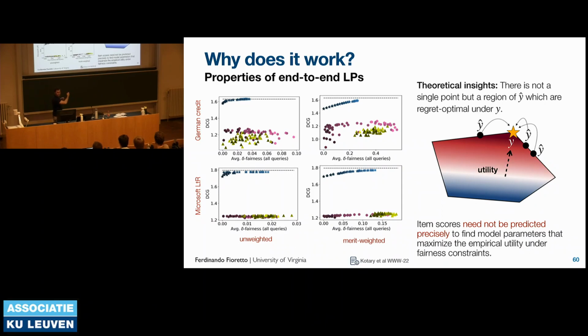But when you're feeding those relevance scores as cost coefficients of an LP, you can actually have a wiggle room for error, because the LP will find a feasible solution, and there is only a finite number of feasible points whose objective values are different. And so here you can actually find a region under which these feasible solutions are regret optimal. And so even though you make a little bit of error in your predictions, you can still find a high quality solution. And so this is a really interesting byproduct that we're having in this case.